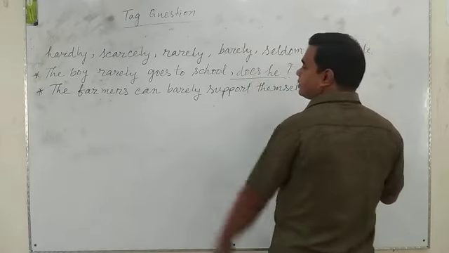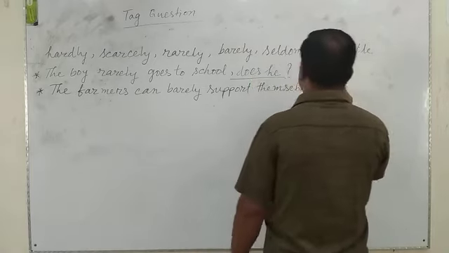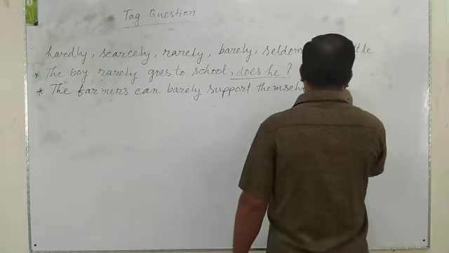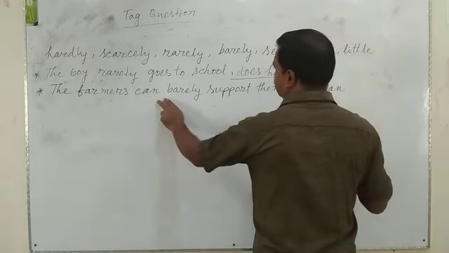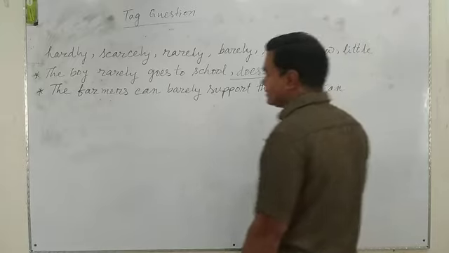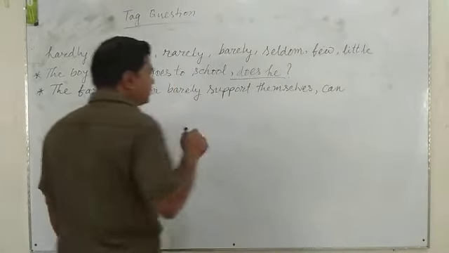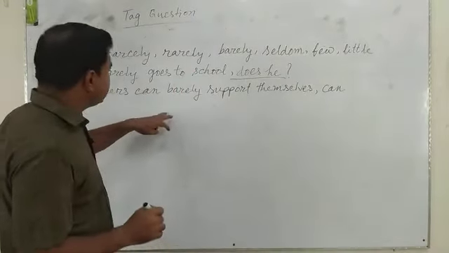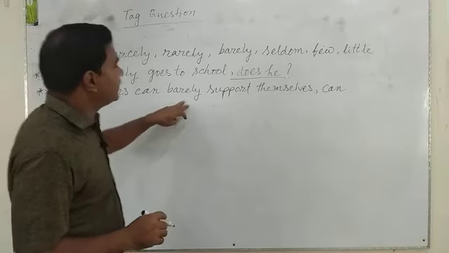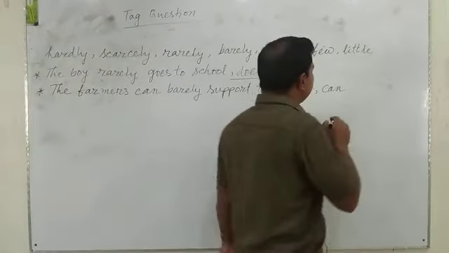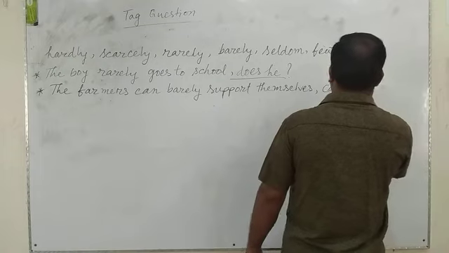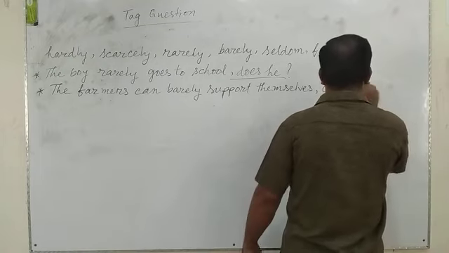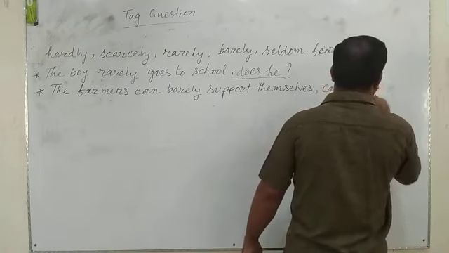Here is an auxiliary verb or operator, that is can. We see the sentence is like an affirmative sentence, but it bears a negative meaning, barely. For barely, we need not use not here. "Can they?"